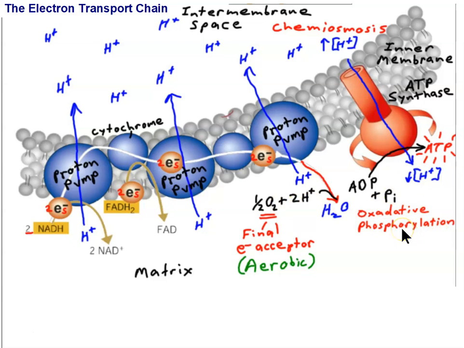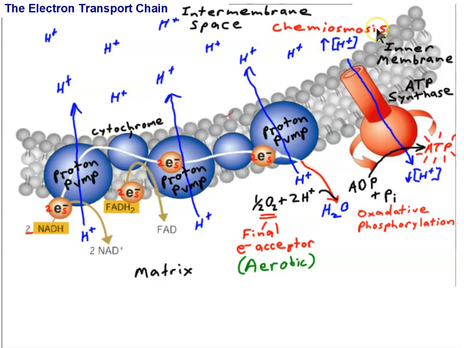So you now know of 3 different kinds of phosphorylation. There's photophosphorylation that's taking place during the light-dependent reactions of photosynthesis. There's substrate-level phosphorylation that takes place during glycolysis and the Krebs cycle. And here we have oxidative phosphorylation, phosphorylation of ADP to make ATP.